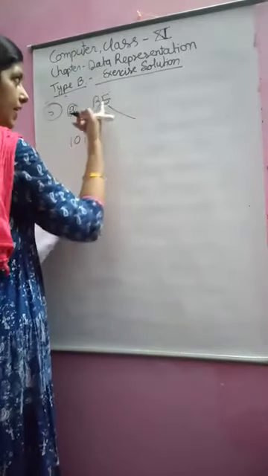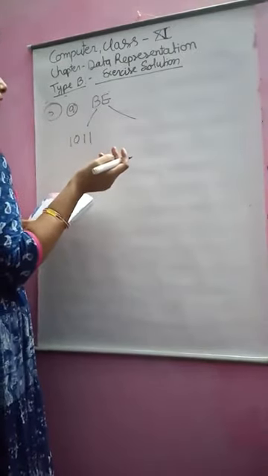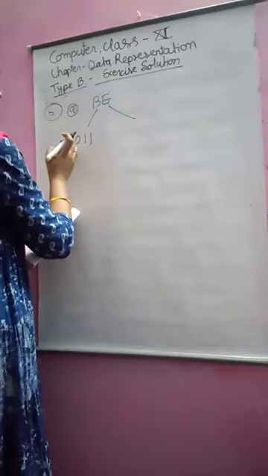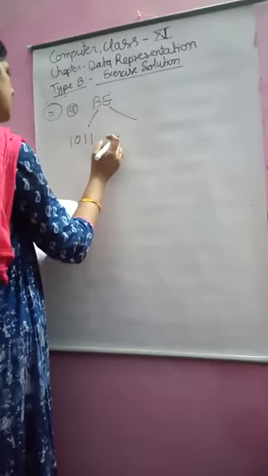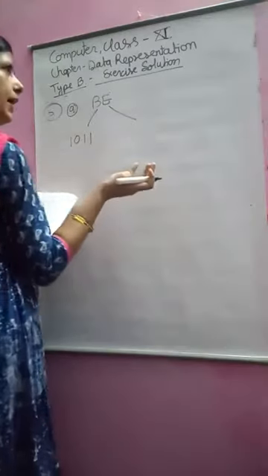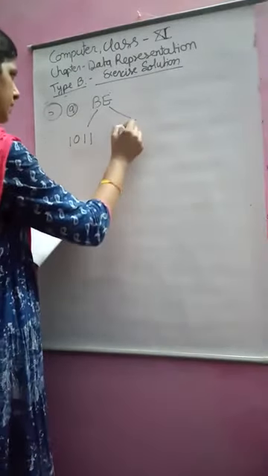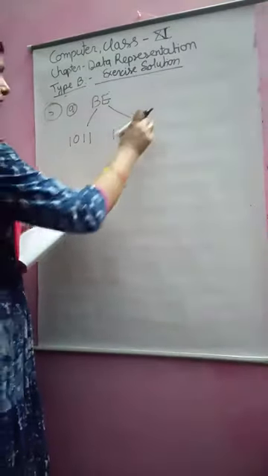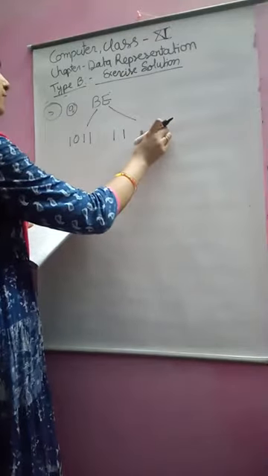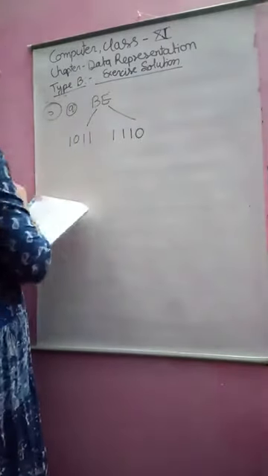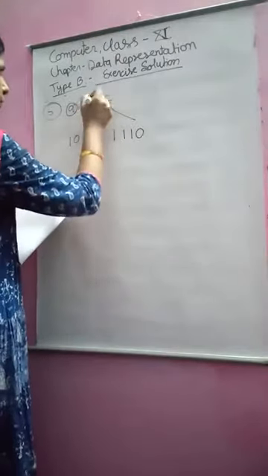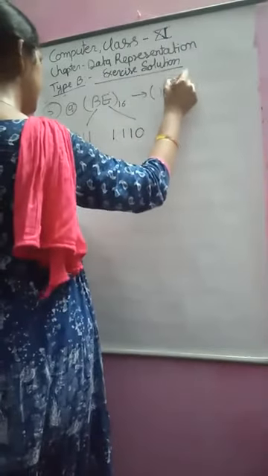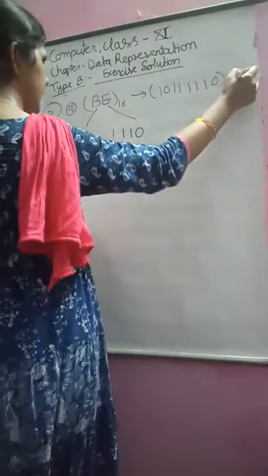And E means 14. 14 means 8 plus 4 plus 2, that is 1110. Combine. So in hexa, the equivalent binary is 10111110.